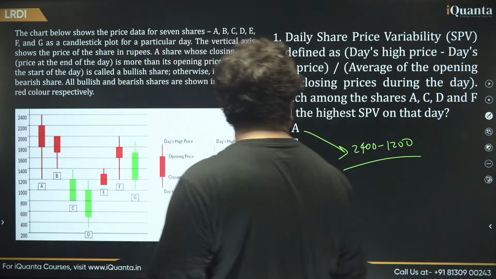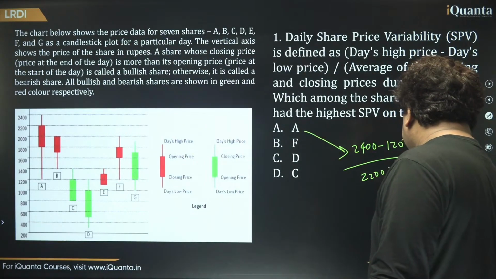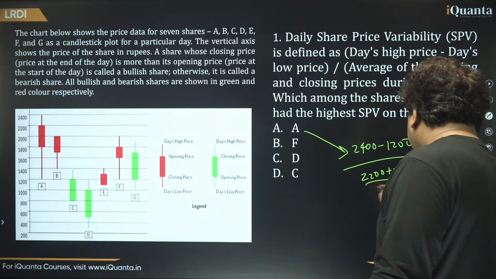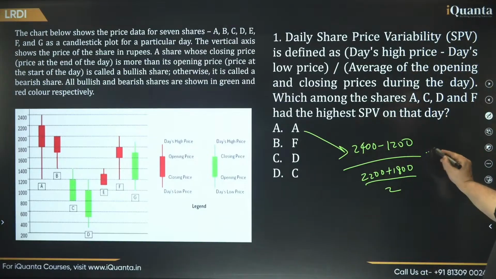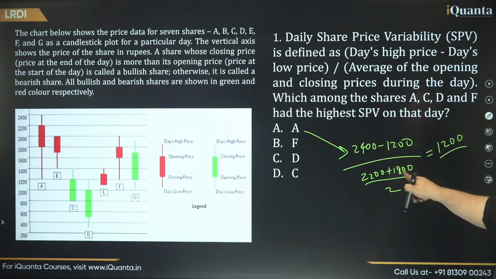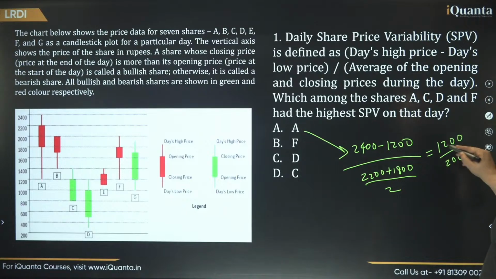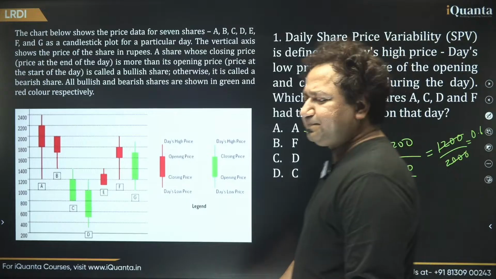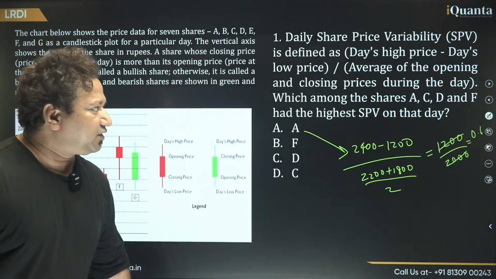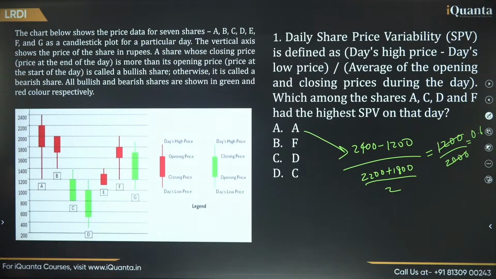Closing is 1,800. So 2,200 plus 1,800 का average, divided by 2. That is how we'll calculate it. We get 1,200 upon 2,000. That means 6 by 10. I can say 0.6, right? 0.6 is the SPV for stock A.